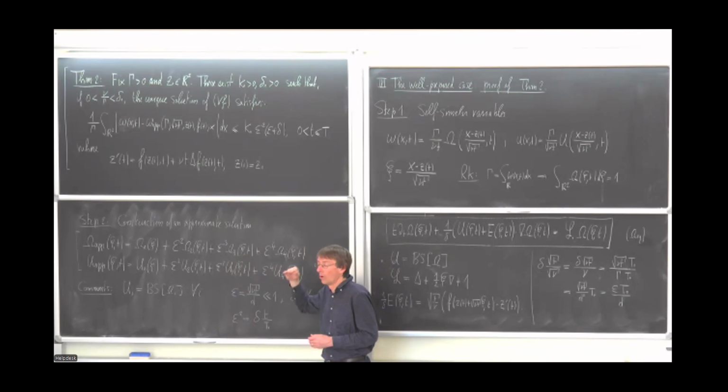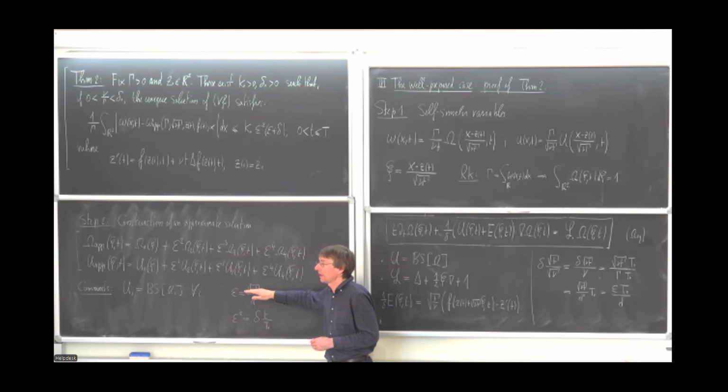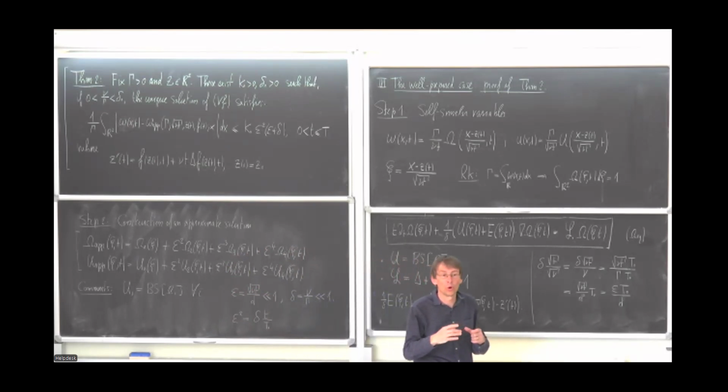But I think it's more appropriate to think of epsilon and delta as two small parameters, and that I'm going to make an expansion which is valid for both epsilon and delta small. Delta equal to 0 and epsilon non-zero makes sense. This would be constructing interacting vortices for Euler. You can try to consider vortex pairs from the Euler equation.